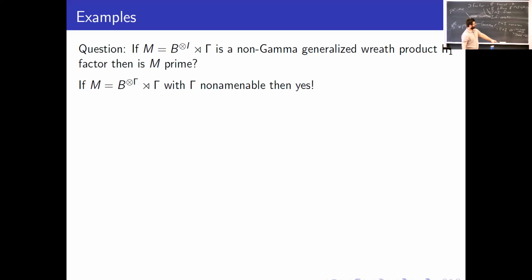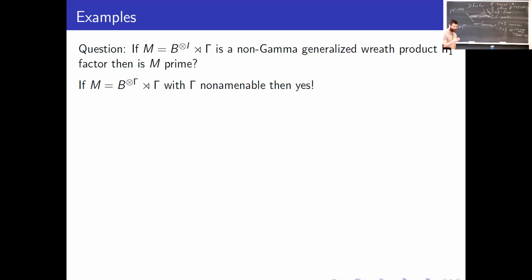The stabilizer of every point is trivial, and so we have non-gamma. You have to add in that B is tracial, then it's a II_1 factor. It has infinite orbits, because gamma is an infinite group, and it's going to be free because every single non-identity element moves around every single point. Okay, so that's good. All right, so it's probably true.